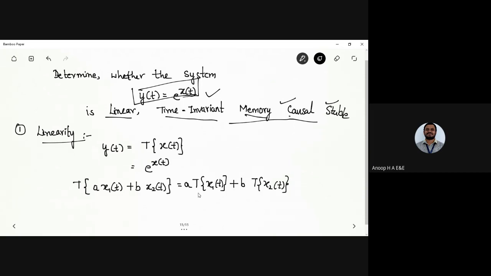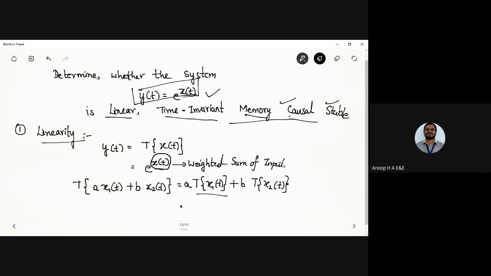Got it. So now what can I change here? I need to give the input signal as a weighted sum of inputs.